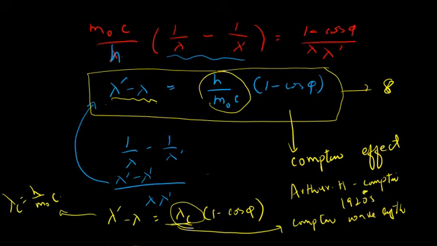This was all about the Compton effect, which was observed by Arthur Compton in the 1920s, when he used a highly energetic X-ray photon to knock out an electron from an atom. So he observed the shift in wavelength. So this was all about the Compton effect.